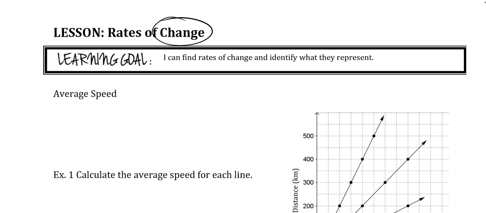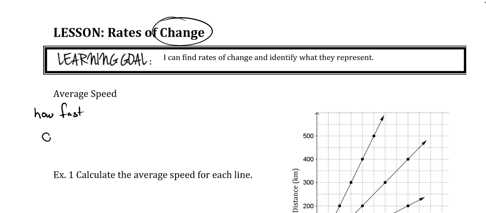Okay. Here we go. Average speed. Somebody give me an example of what speed is. The measurement of speed. What would it be? What does that make you think of? Okay, so how fast? What else? If you're in a car, what would be your speed?